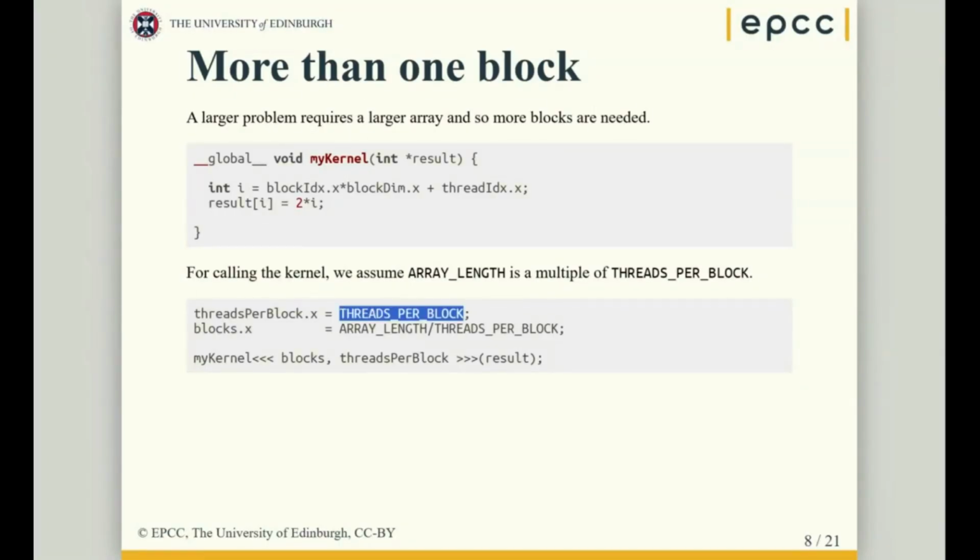So threads per block will be 256, and the number of blocks will be the array length, that is 512, divided by 256. So we will have 2 blocks. And when I call my kernel, I will specify that we have 2 blocks, and I will specify the threads per block.